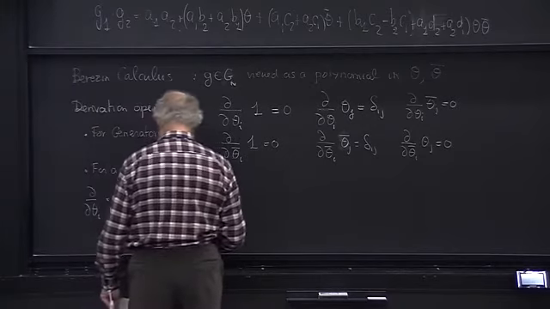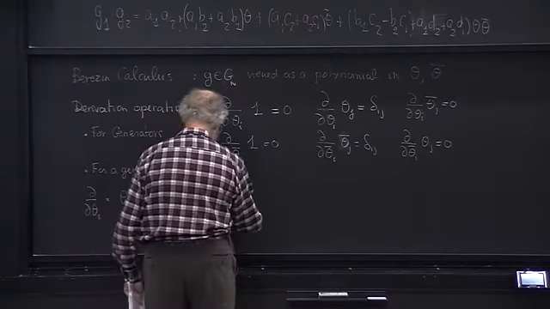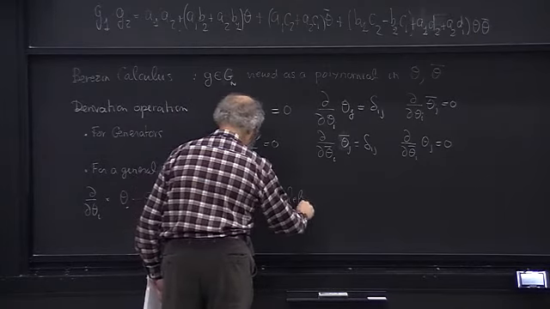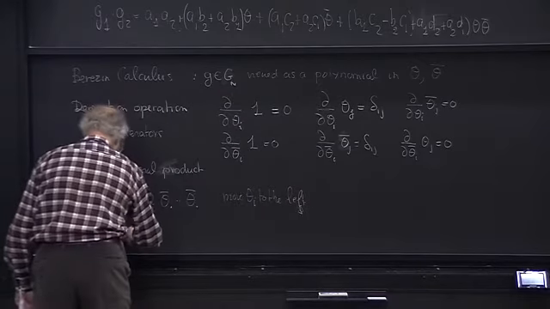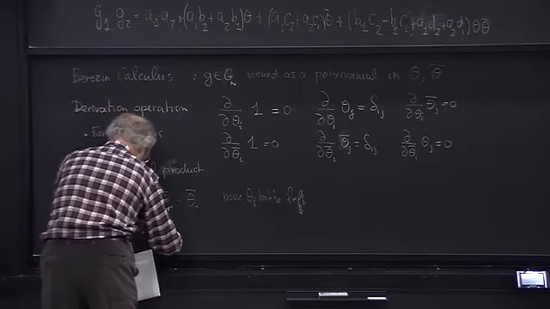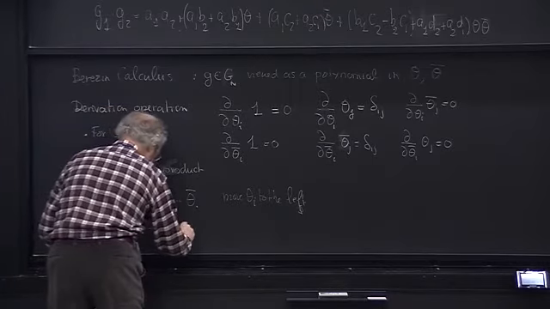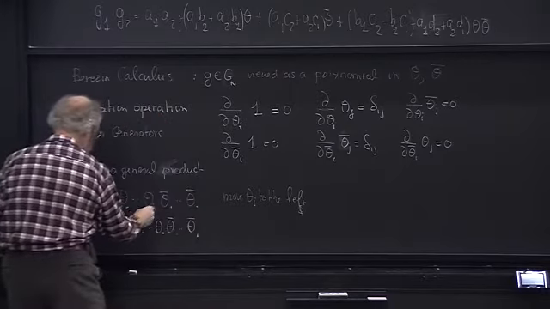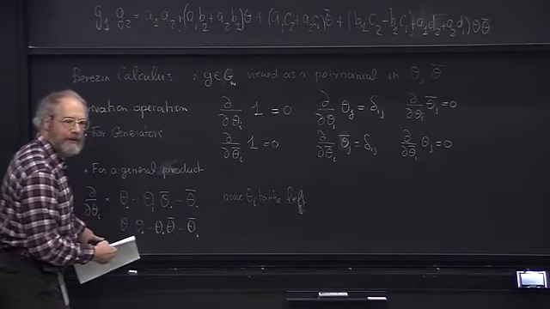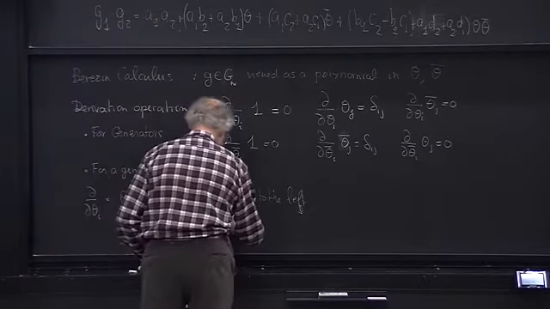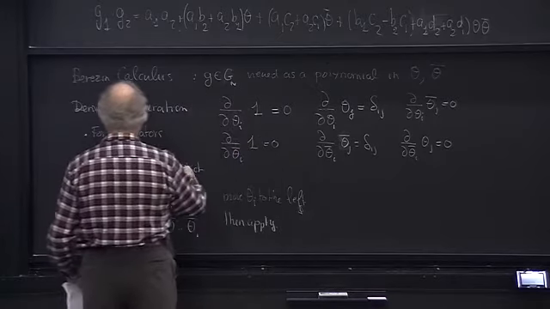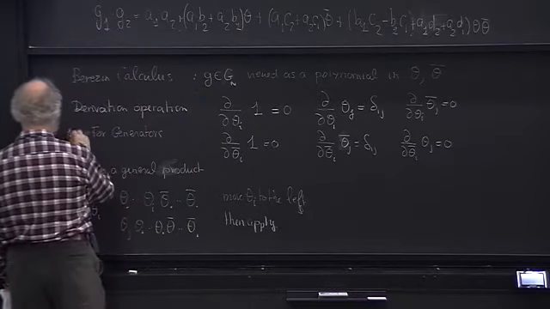Then the rule is to move theta i to the left, rewriting the product as theta i times the remaining thetas and theta bars, using anti-commutation rules, and then apply these rules.